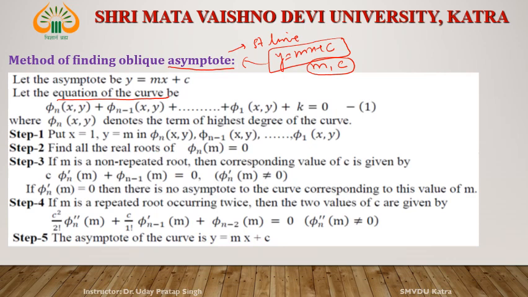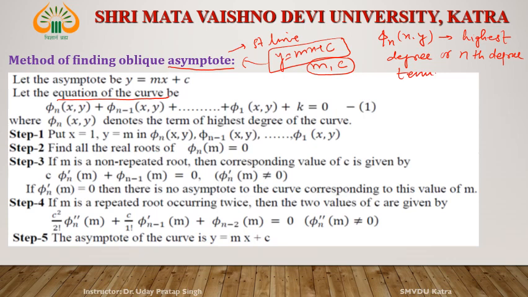What is phi n? Phi n of x,y means the highest degree or nth degree term.